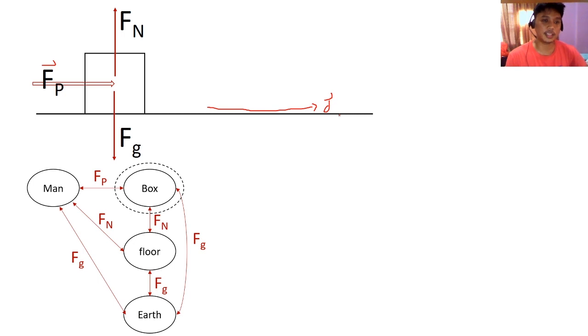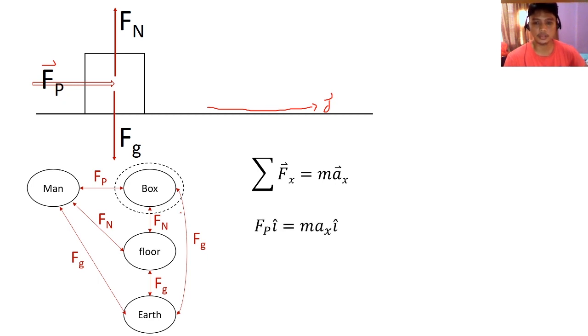This is the system schema of the object, and if we focus on the box, there are three external forces. By using Newton's laws, we will see that the pushing force is equal to the mass of the box times the acceleration along the x component.